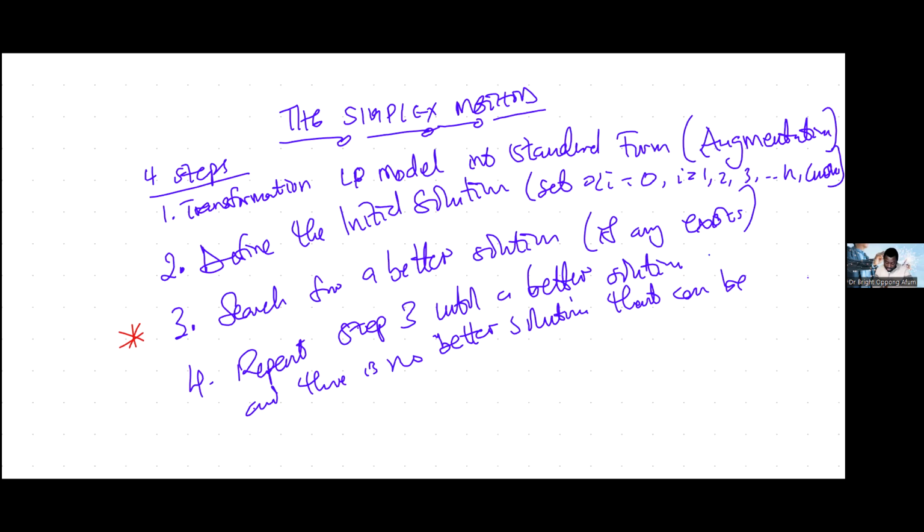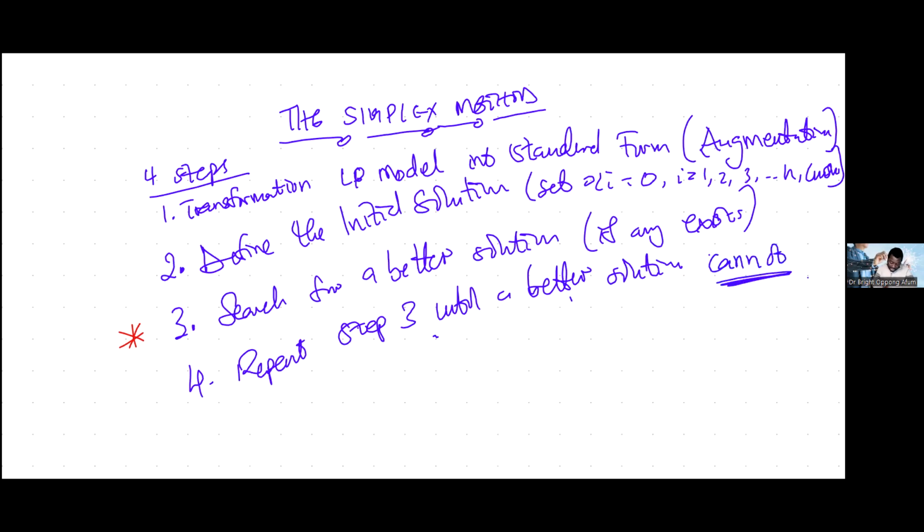At that point, the simplex process will terminate, and the solution found is now termed the optimal solution, as we referred to in the graphical method.